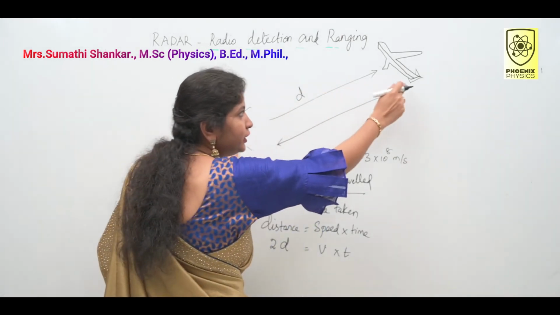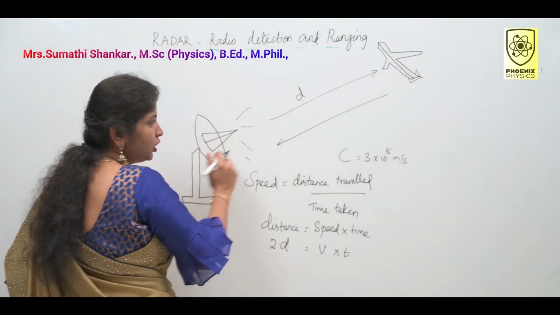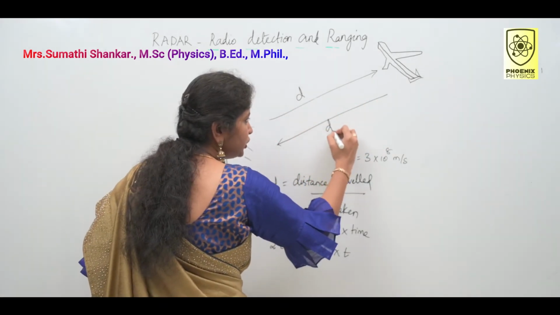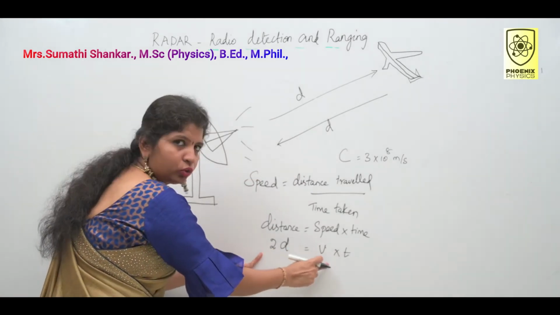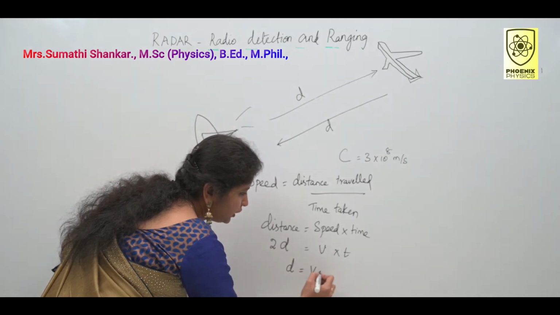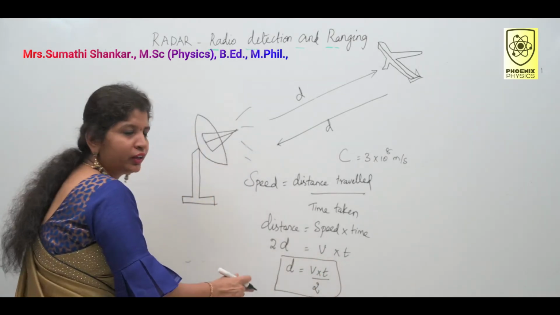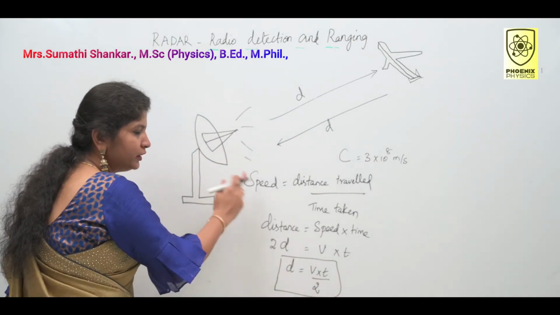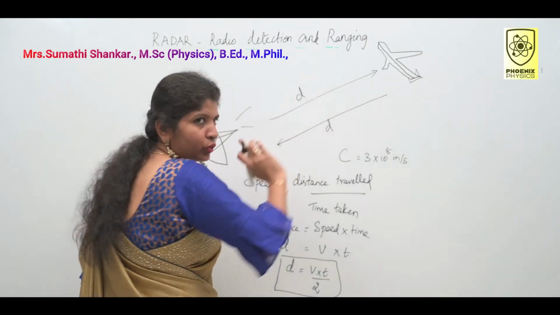After hitting the target, it is reflected to the antenna, so it travels a distance d again. So totally 2d. 2d is equal to v into t. So what is d? d equals v into t divided by 2. Using this formula, you can calculate the distance, that is where the object is located.